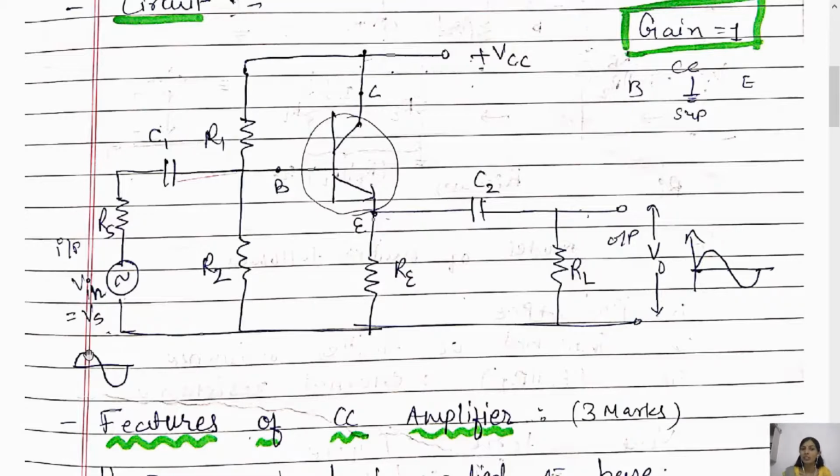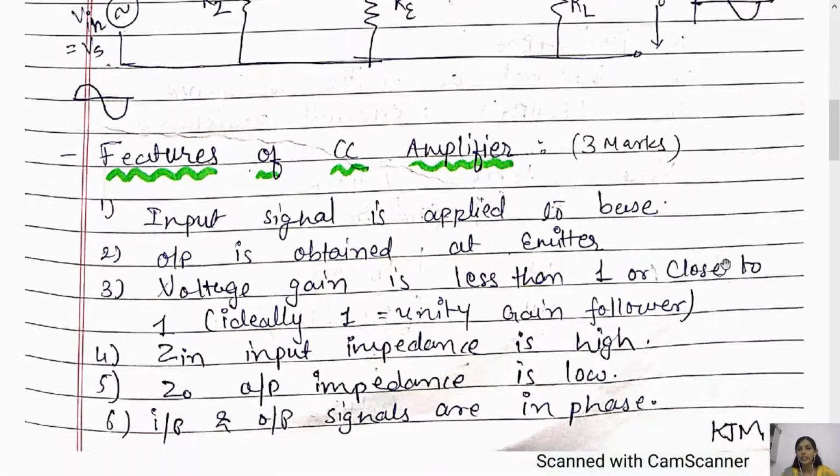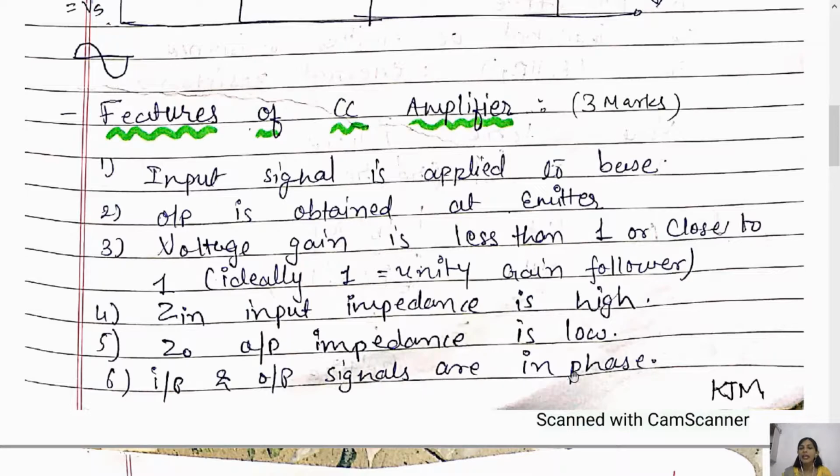But for the common collector amplifier, input and output are in phase, a 0-degree phase difference. That is one of the best features of the common collector.